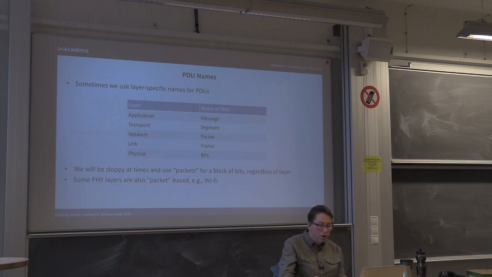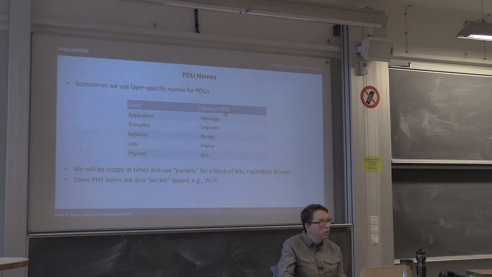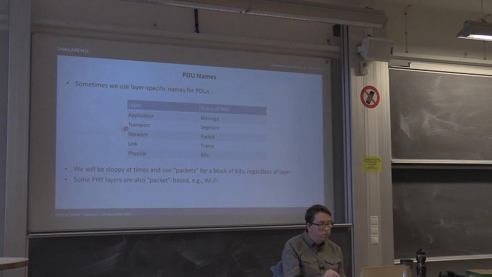When it really matters, one can say we get a message from above and we use segments and so forth. So sometimes we use these names when they are important. If they're not important, we just call them packets, even though packet is actually the PDU name reserved for the network layer.